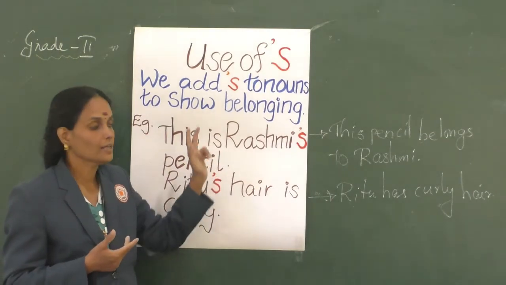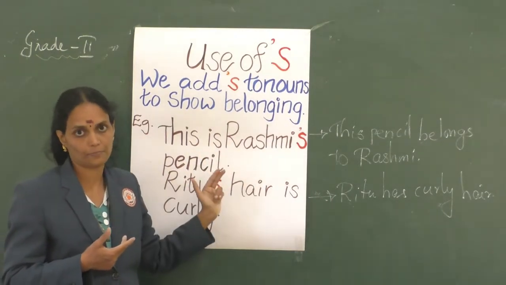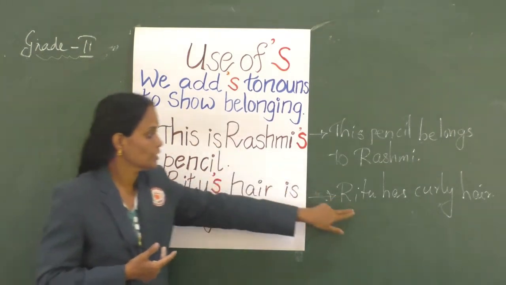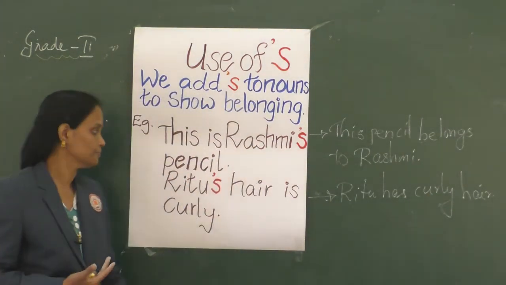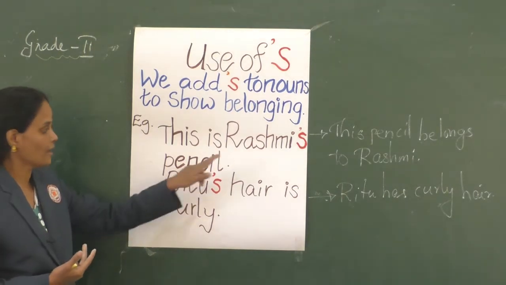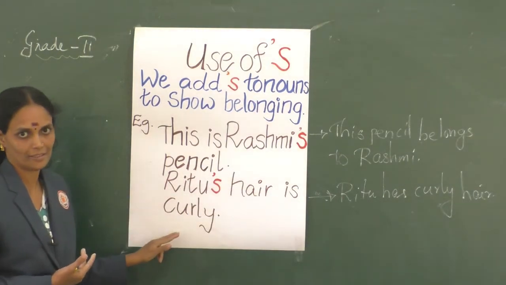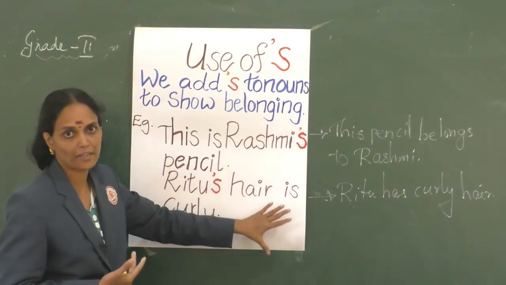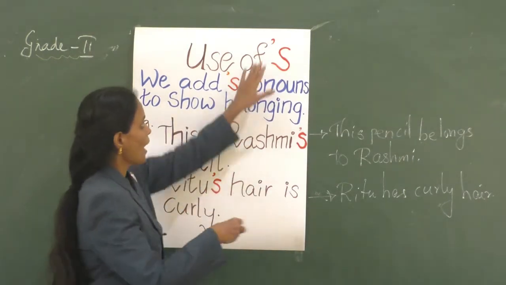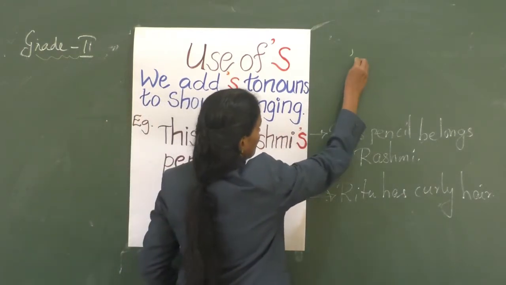Whose pencil is it? This is Rashmi's pencil. Second one, Ritu has curly hair. How can we rewrite it? Ritu's hair is curly. See, this is the way to frame sentences using apostrophe S.